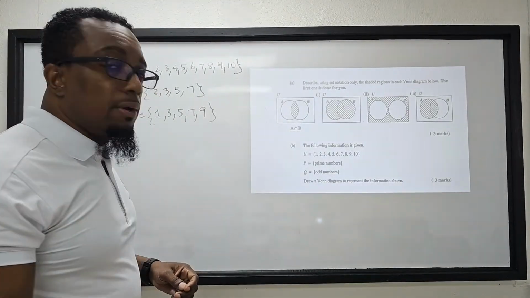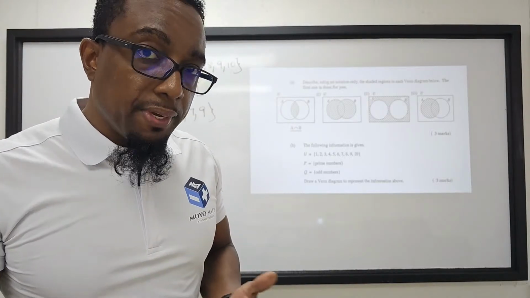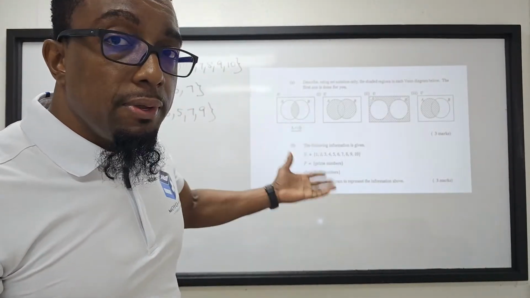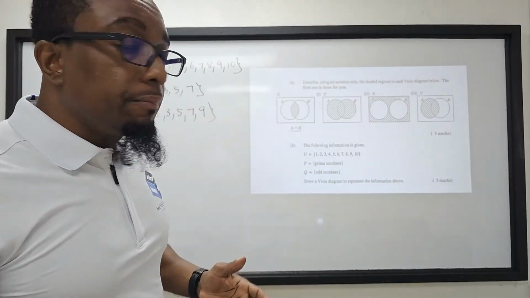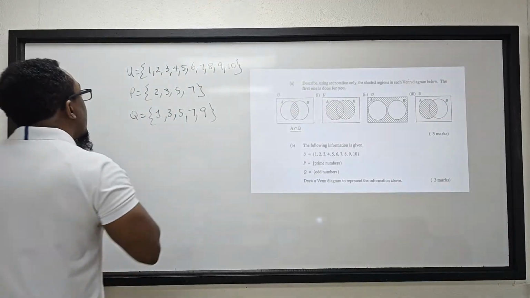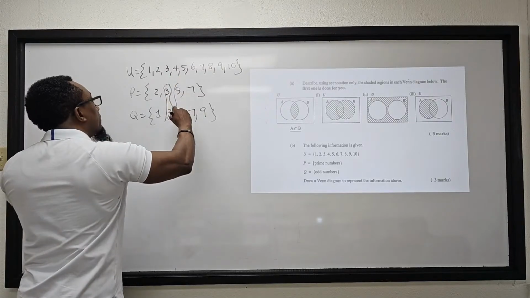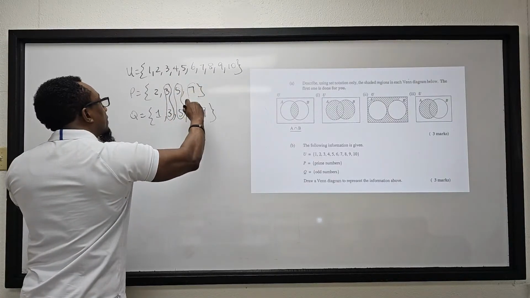So we know in drawing our Venn diagram, there are 3 Venn diagrams we encountered previously while doing our review. And let's see. If we look at our 2 subsets P and Q, we have elements common to both. 3, 5, 7.